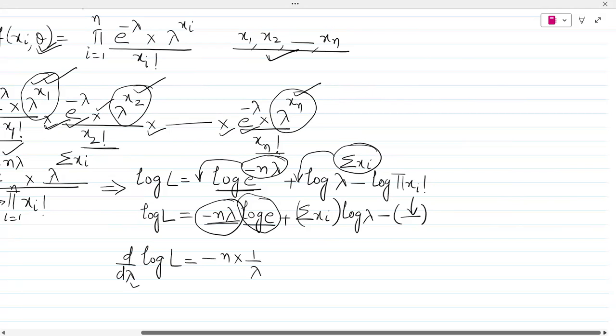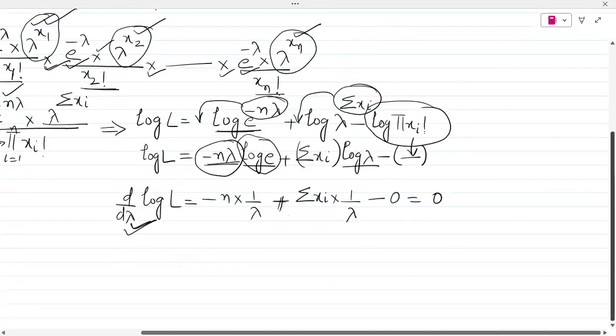Obviously, we differentiate with respect to lambda because we are estimating lambda in such a way that it maximizes log L. And the term product of xi factorial is constant with respect to lambda, so its derivative is 0. So this equals 0.